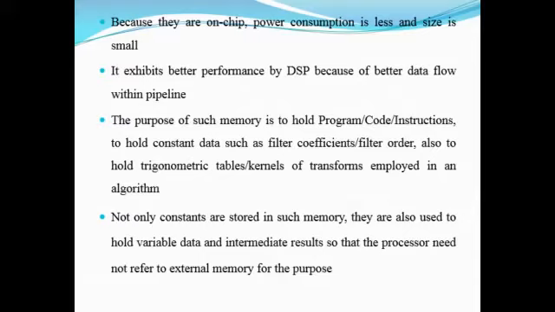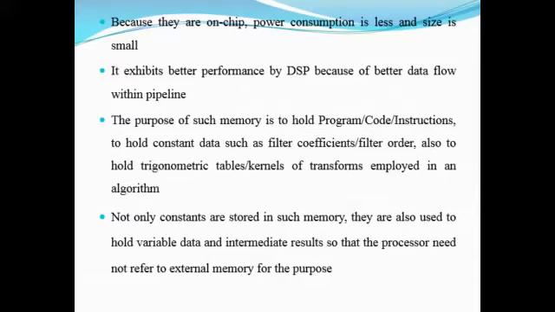The purpose of such memory is to hold the program or code, or a set of instructions, and also to hold constant data such as filter coefficients or filter order, and trigonometric tables or kernels of transformation employed in any algorithm. So a memory should hold a program, a code, a set of instructions, and constant data.